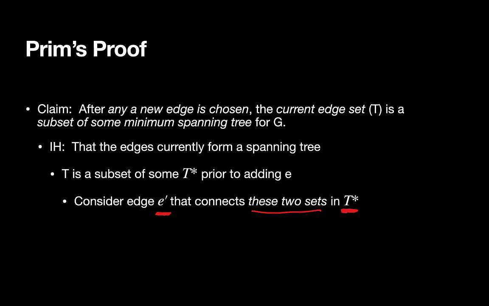Okay, so prior to thinking about adding this new edge E, we know that everything in T is also in T star. Now we're going to be thinking about this new edge E that will connect T to T star. This new edge E will be chosen by Prim's algorithm. We'll also think about another edge, E prime, that's still between these 2 sets, but it's some edge in T star, the minimal spanning tree that we're probably building towards.